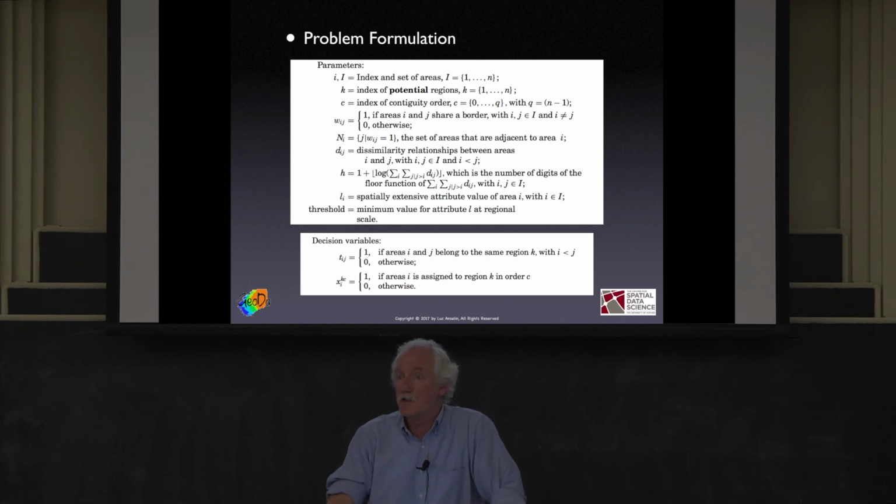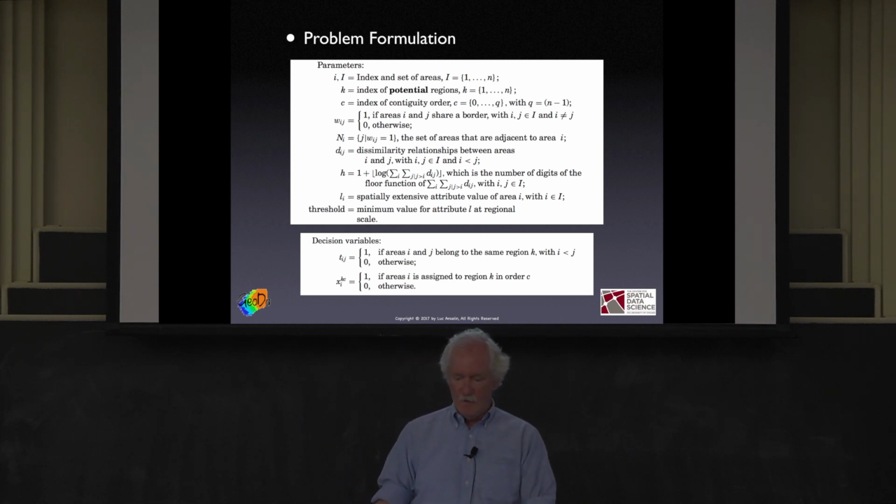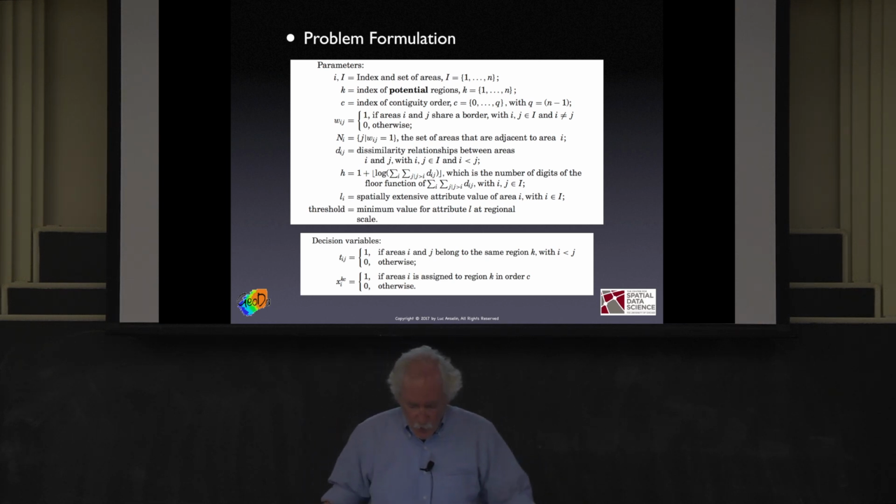And then we have our constraint. Li is our spatially extensive variable in each location I, so that would be the population of each department, for example, and then the threshold is it has to be at least 100,000 or it has to be at least 50,000. Okay? And then we have two decision variables.